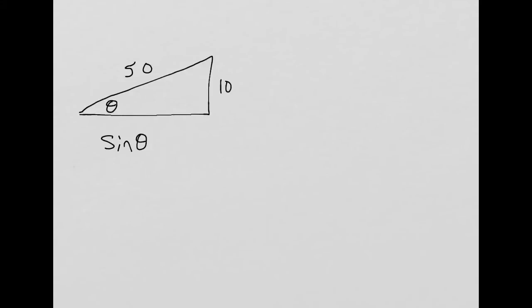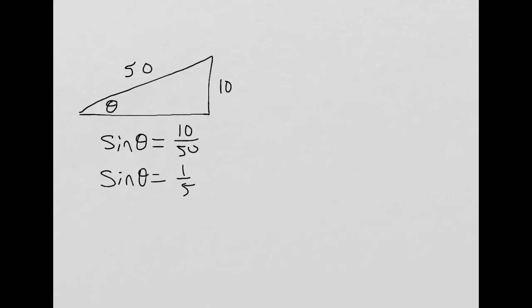Where this can be really helpful is in right triangles. Maybe I need to find this angle theta, but all I've got is the sides of the triangle. Well, we know that sine of theta is opposite over hypotenuse, 10 over 50, so sine theta is 1 over 5.